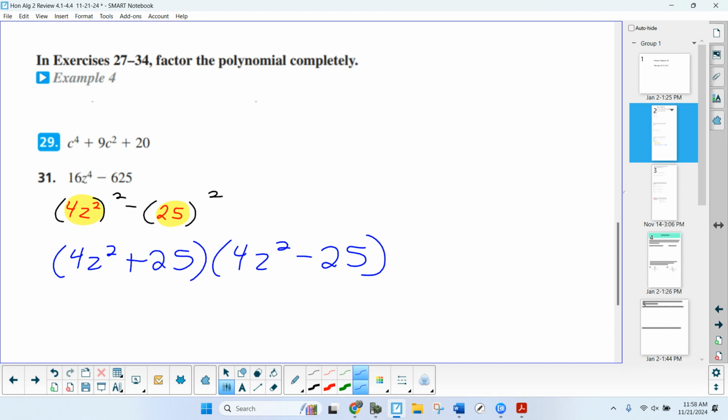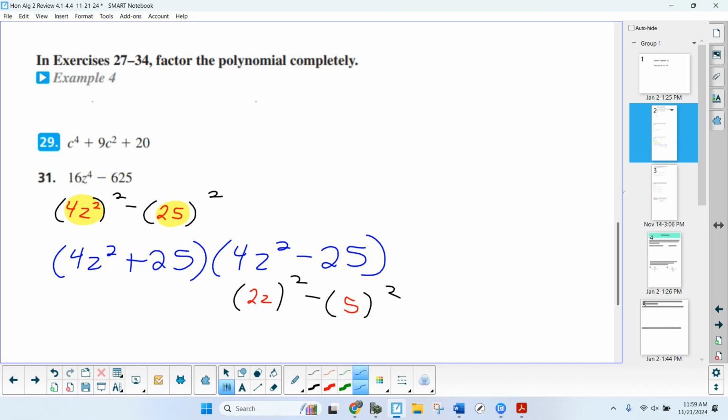Now, they're not linear, so I have to ask myself, can I keep going? They are squares. Do you guys see how those are perfect squares? If it's a sum of squares, you're done. There is no sum of squares formula, so the first factor is done. But this one is what squared minus what squared again. What multiplies together to give you 4z squared? 2z and 5.